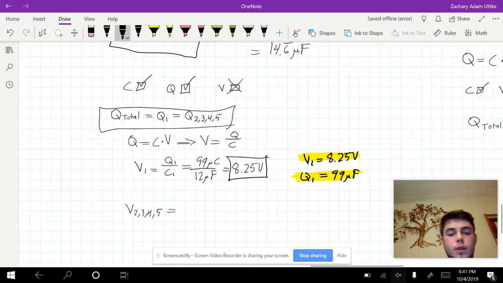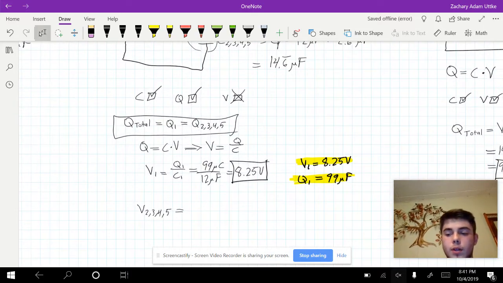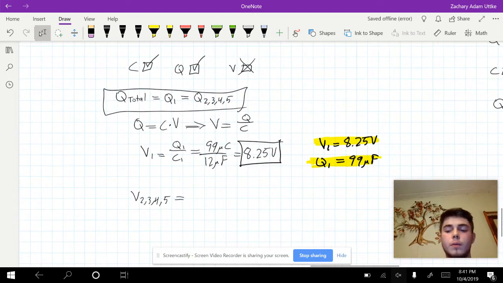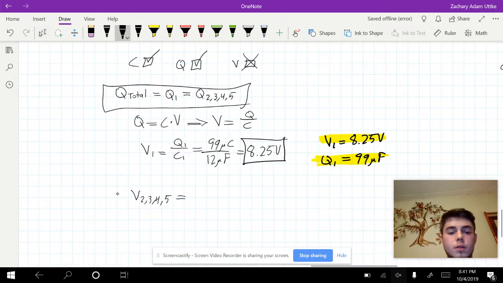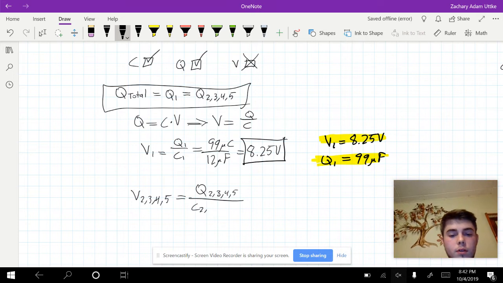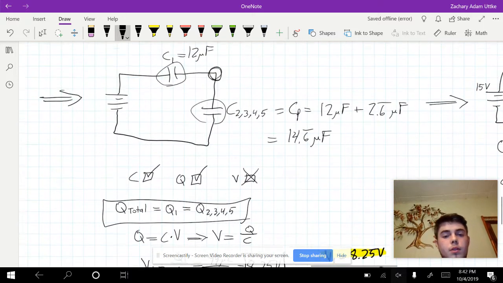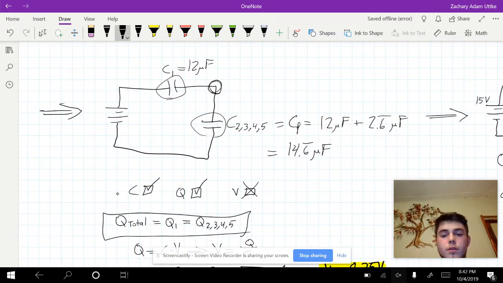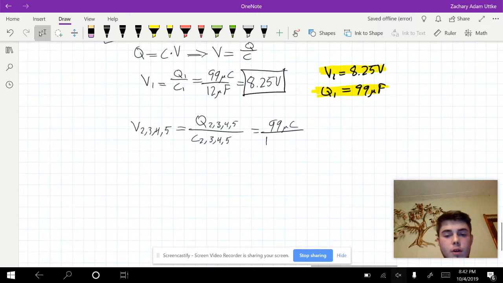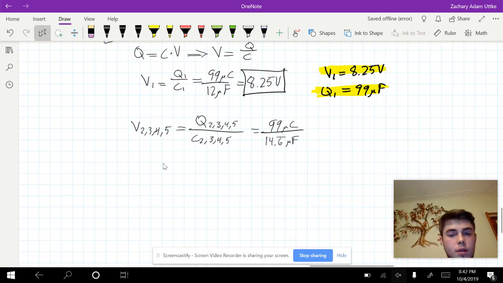And although that doesn't really find us the voltage at a specific capacitor yet, we're going to continue working backwards to find that out. So V2,3,4,5 equals Q2,3,4,5 divided by C2,3,4,5. Okay, so we still have 99 microcoulombs divided by the capacitance at that capacitor. So that was the 14.6 repeating microfarads. And let's see what we get.